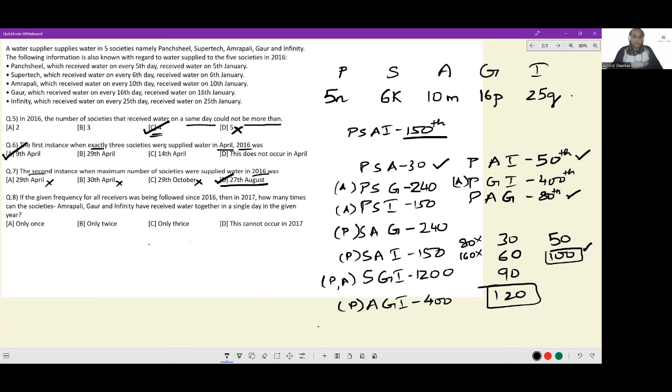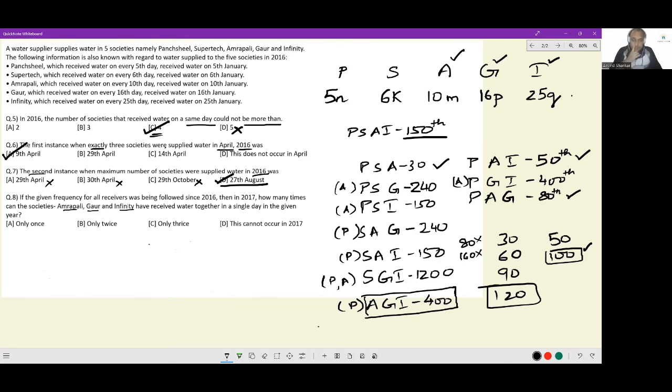If the given frequency for all the receivers was being followed since 2016, then in 2017, how many times can the societies Amrapali, Gaur, and Infinity have received water together in a single day in the given year? Amrapali, Gaur, and Infinity, AGI. They must have received water simultaneously.